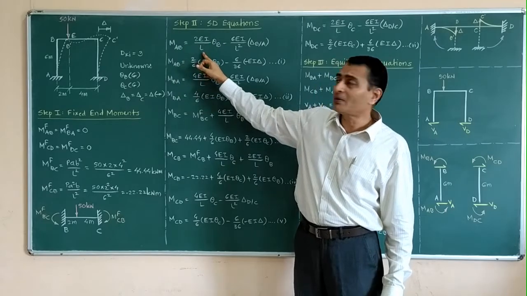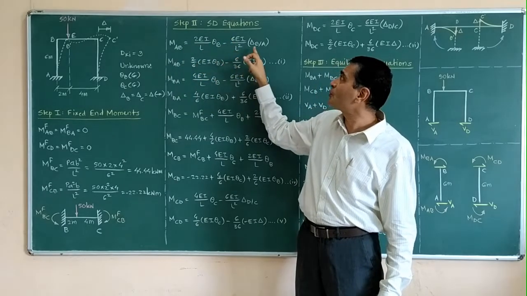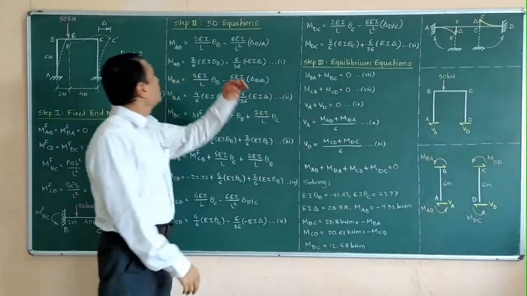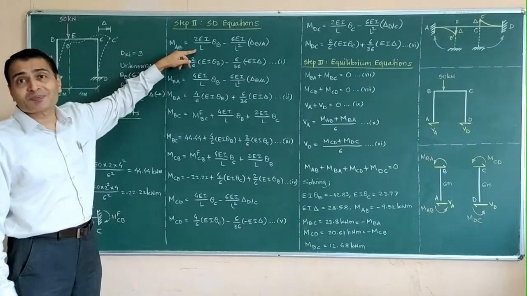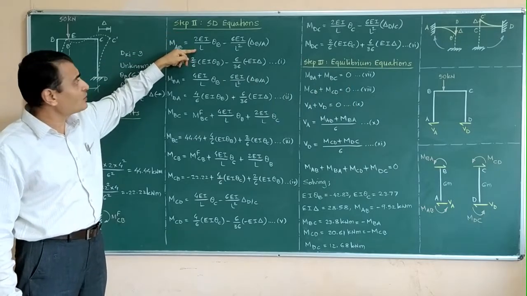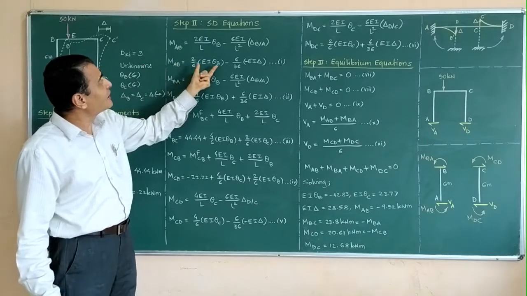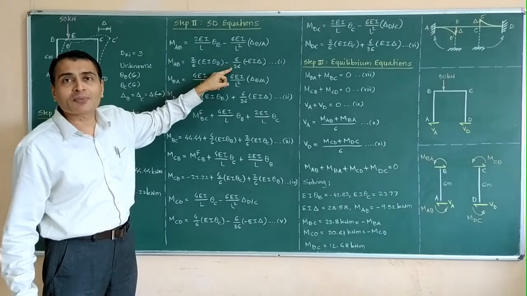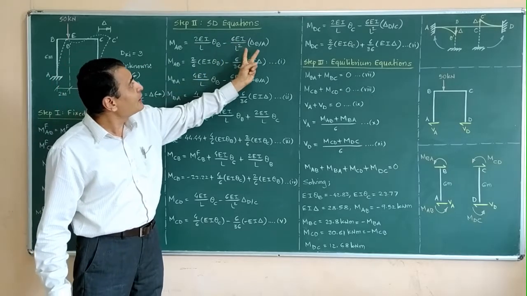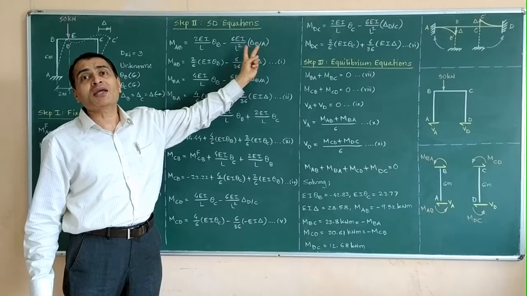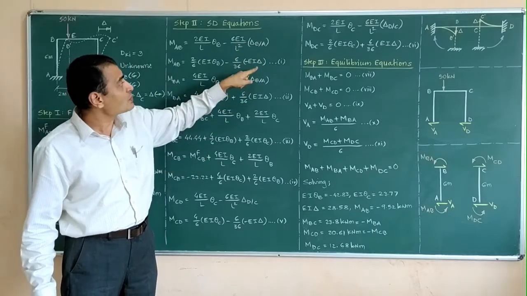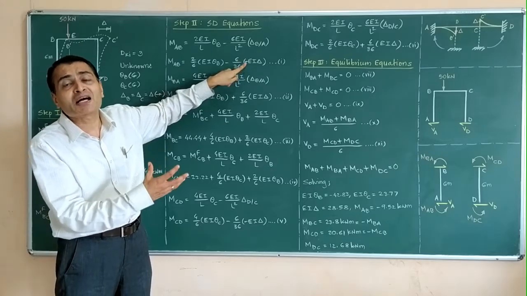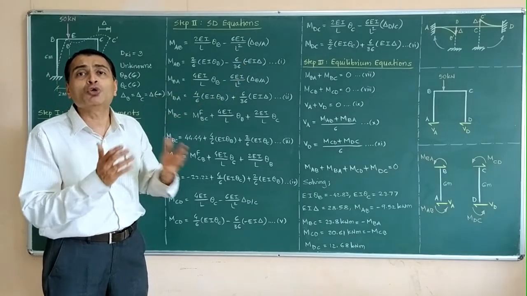Then 2EI by L into theta B minus 6EI over L square into delta B relative to A. See the substitution: 2 by 6, span is 6 meters, so 2 by 6 EI theta B, minus 6 upon 6 square, so I have written 36, EI into delta B relative to A. It is delta, but I have substituted negative delta. This negative EI delta actually is EI into negative delta.